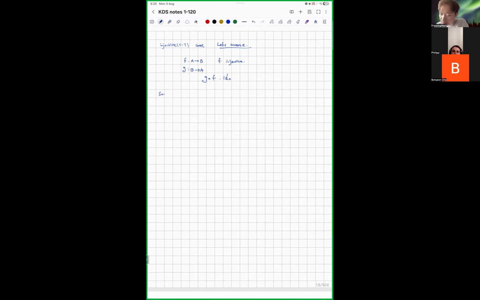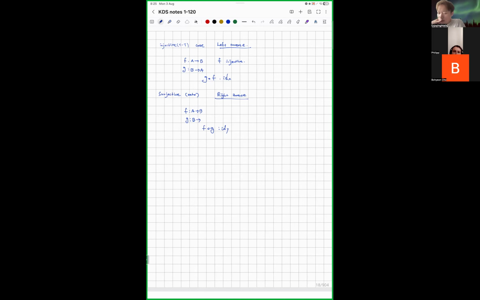And the surjective, we have right inverse. Basically, here it is the right because g is applied from the right, essentially.